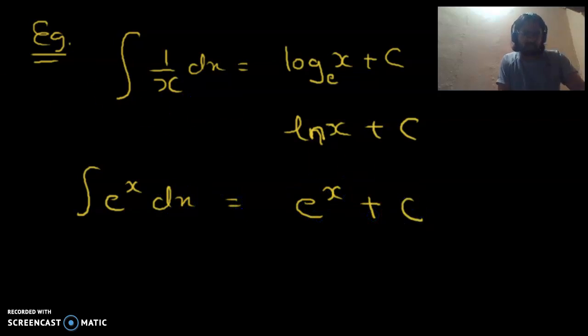Tell me one thing, whose differentiation would give you e to the x only? And whose differentiation would give you 1 by x? Log x. So that's why these are related.